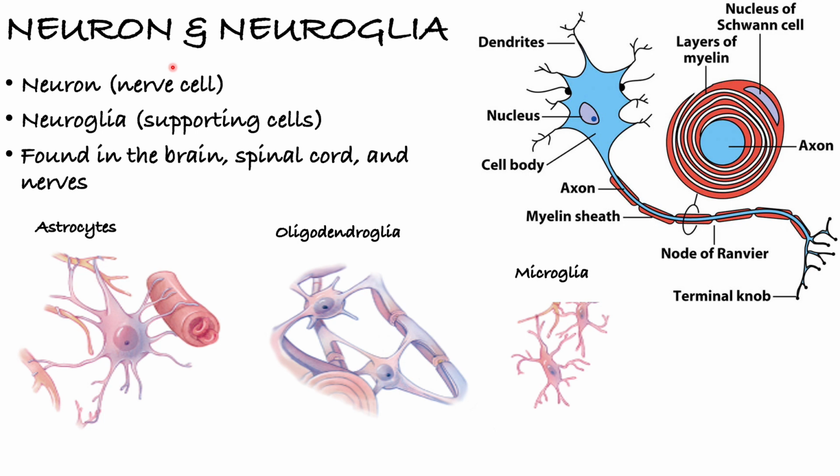And then they also have neuroglia. I like to call them the personal assistant. They make the job of the neurons easier, and they are also supporting cells. There's a lot of supporting cells, there's like 4 of them. We're going to see them in the central nervous system and the peripheral nervous system. So again, we're going to find these in the brain, the spinal cord, and nerves.